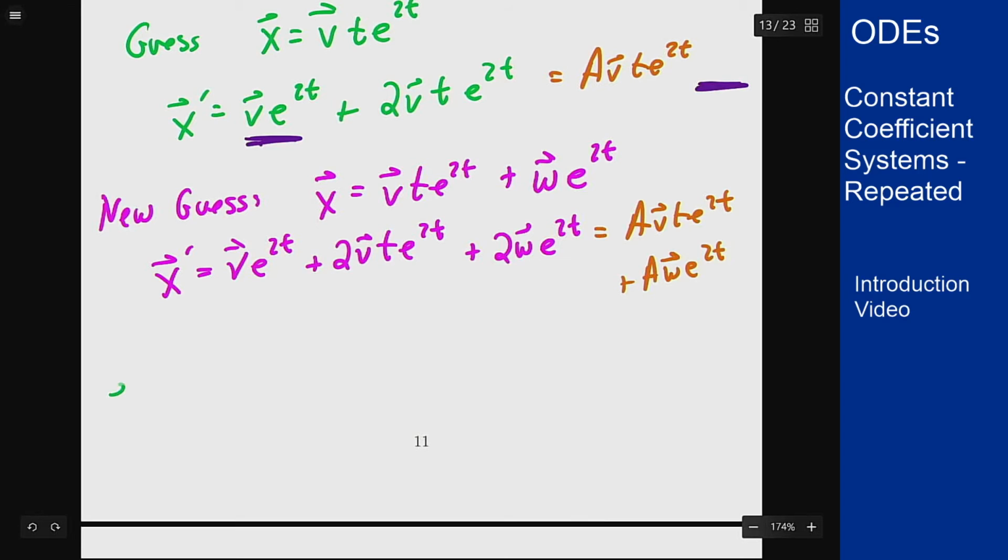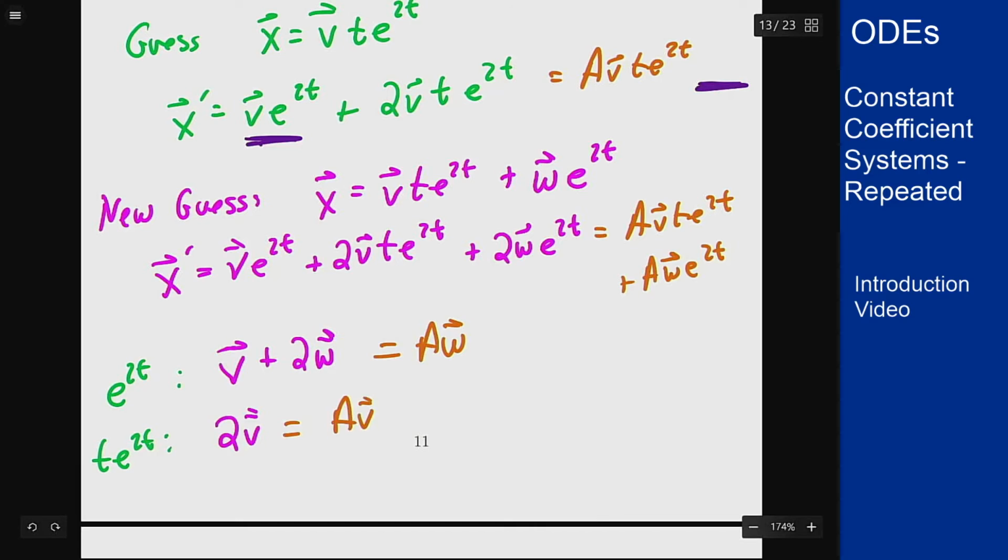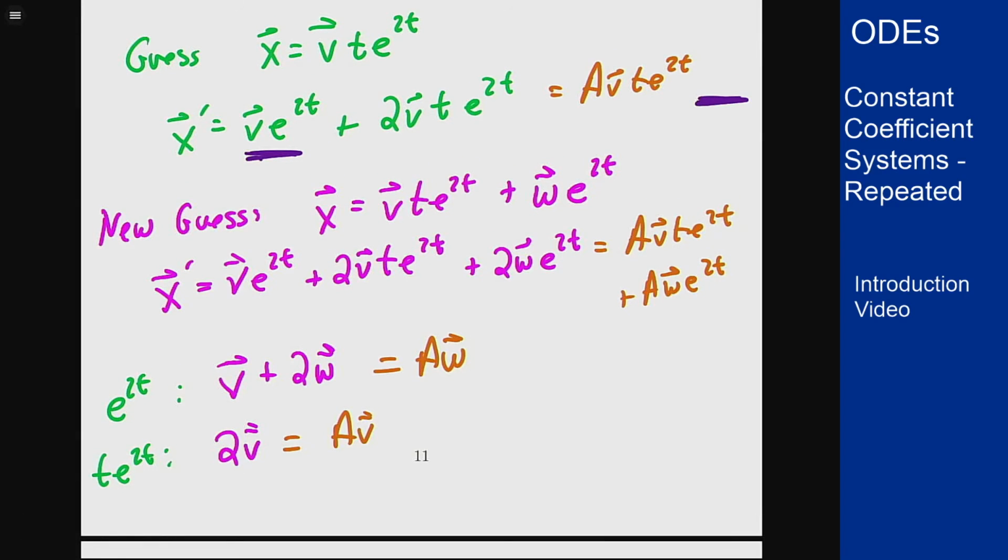So for just e to the 2t, what I see on here is v plus 2w equals aw. And what I see for t e to the 2t is 2v t e to the 2t equals av. So what do we see here?